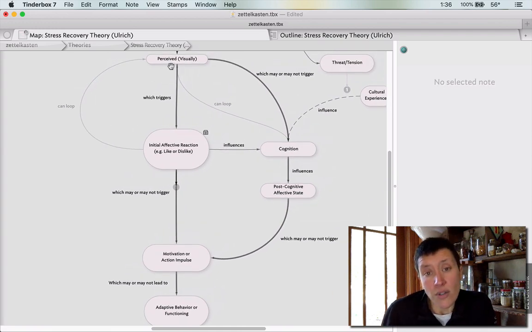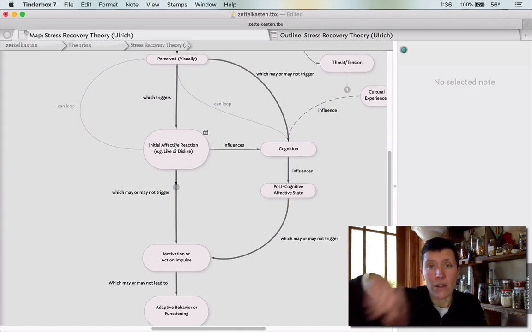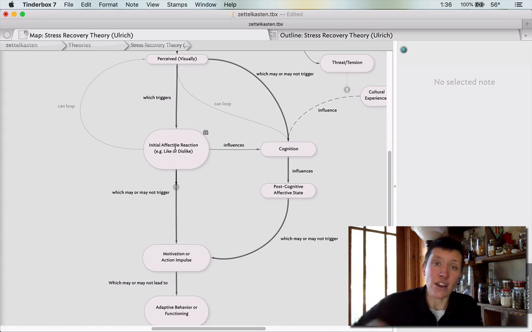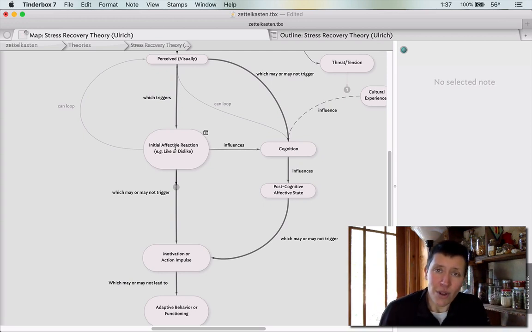But also what can happen in this model is that once you have that initial like or dislike, you can marry that with the previous experiences that you've had. That could trigger a loop of thinking. It could trigger a loop of feeling. It could trigger both. And then that might take you into a motivation or impulse that has got your brain, your frontal lobe thinking, not just your emotions, into some sort of adaptive behavior or functioning.